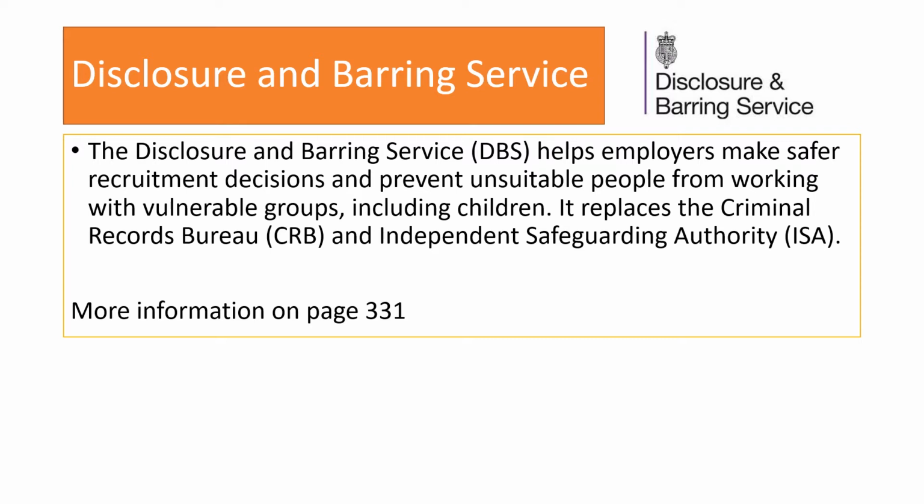The Disclosure and Barring Service, which is DBS, helps employers make safer recruitment decisions. These are background checks on their employees to make sure that they are safe to work with the vulnerable people that they're going to be responsible for. For example, the elderly, young children, people with mental health problems, special needs. It's to make sure that they haven't got anything in their past that could affect the way in which they work with young children or perhaps adults.